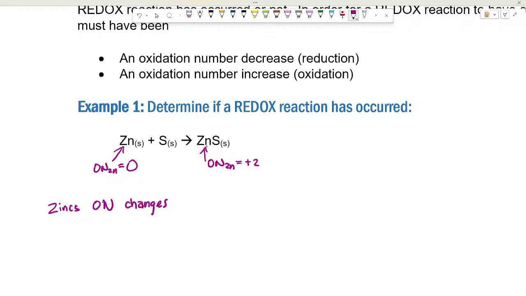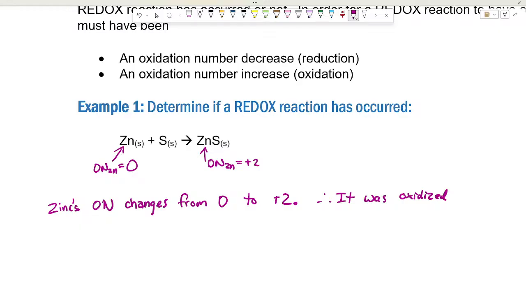No, it's for zinc in zinc sulfide. So zinc's oxidation number changes from 0 to positive 2. What does that tell us? Was it reduced or oxidized? Very good. Therefore, it was oxidized.